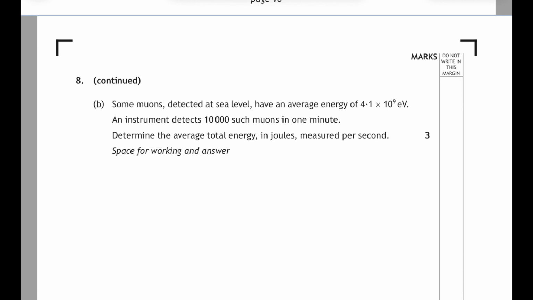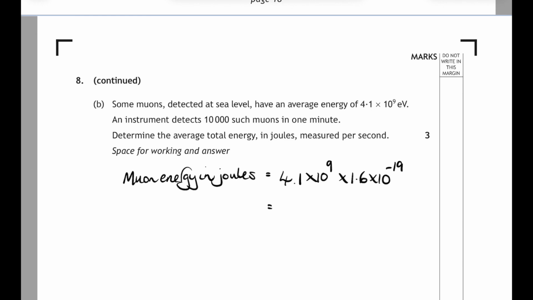Well, first thing we need to do here is convert the 4.1 times 10 to the 9 eV into joules. All you have to do to convert electron volts into joules is multiply by the charge on the electron. So 4.1 times 10 to the 9 times 1.6 times 10 to the minus 19 gives you 6.56 times 10 to the minus 10 joules. That's the muon energy in joules.